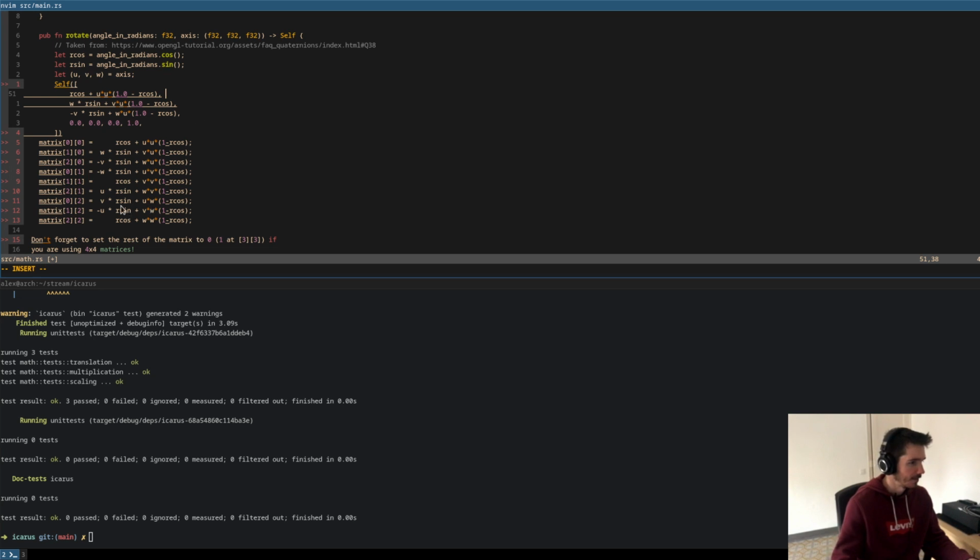Then we have the first column from the first row, so the second column, sorry. It's all of this.